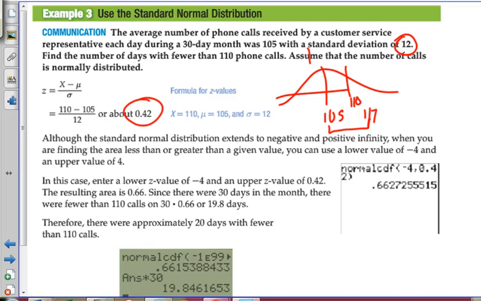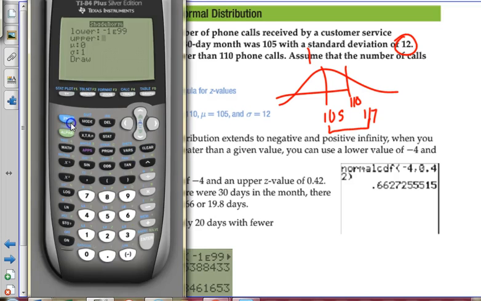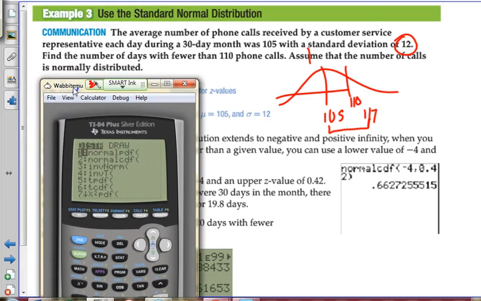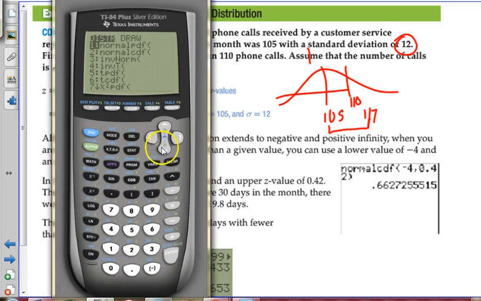Okay? So let me show you how to do this on the calculator. Go to second vars. Now we are doing normal distribution stuff, right? So it's right up here at the top. What was it? The calls fewer than 110. So we want this combined probability, the second one, okay? And we want all the way up to how many calls? 110, right?